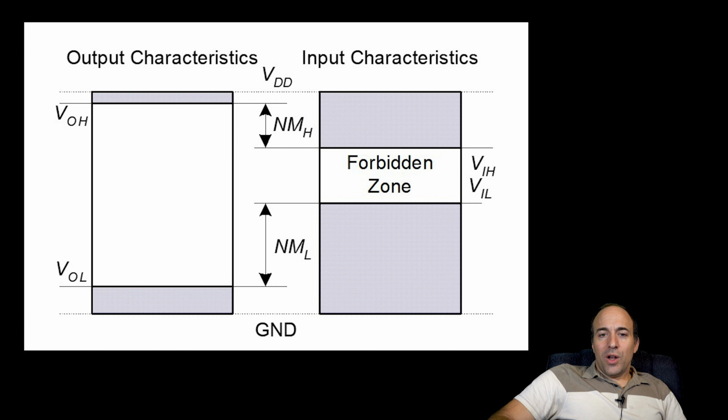The VIL, VIH, VOL, and VOH values are determined by the behavior of the gate's input response. So in other words, for a given semiconductor technology, you build a logic gate and then you look at its input response, and from that you can determine what these 4 values are.